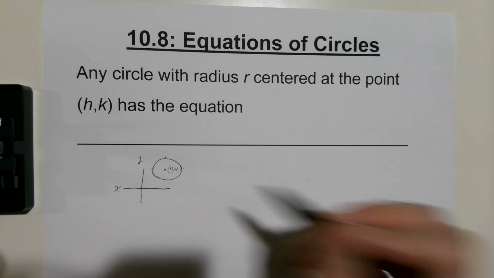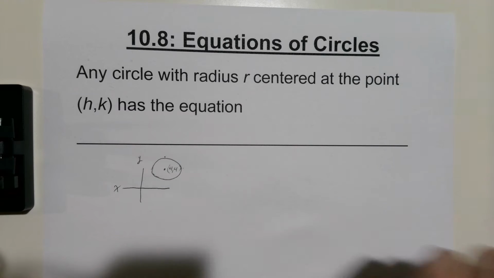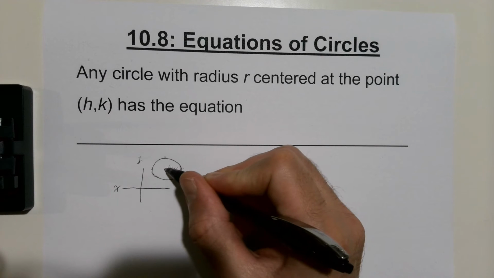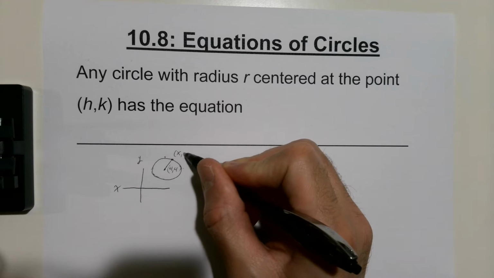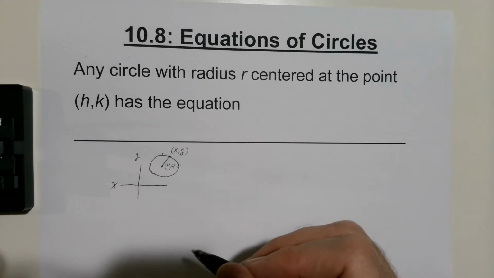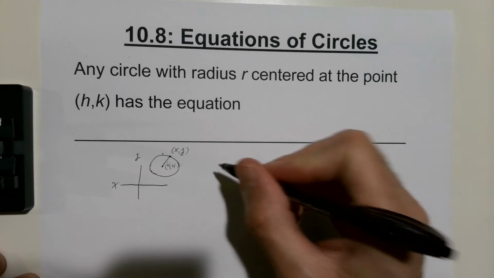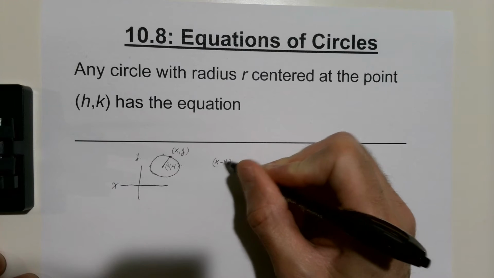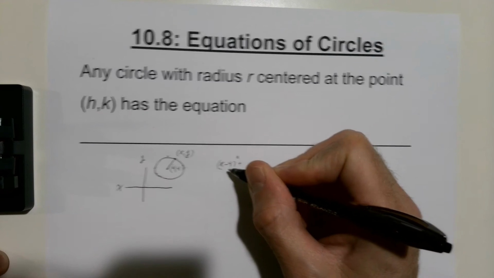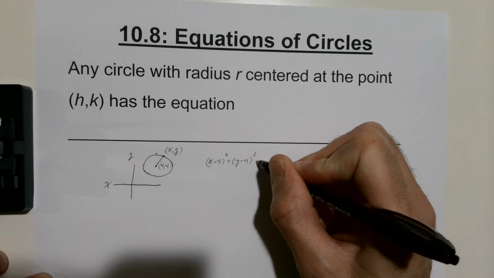Well, how do we come up with the equation that's going to give us every single point on that circle? If we know the radius is 2, let's say that this is some random point x comma y. By definition, radius is a distance, so we should plug into our distance formula: x minus 4 squared plus y minus 4 squared.